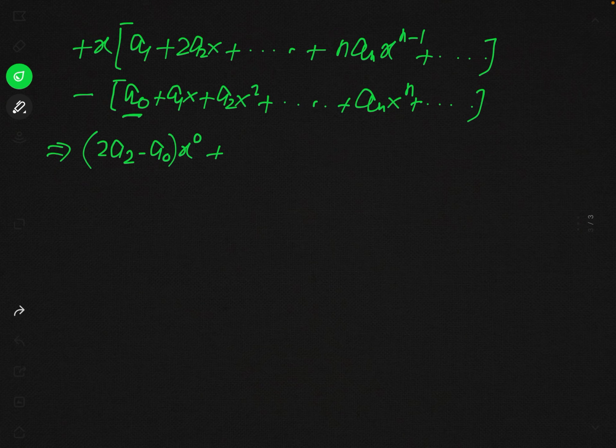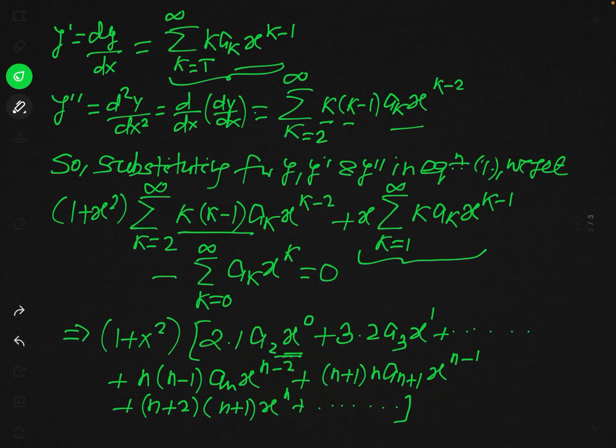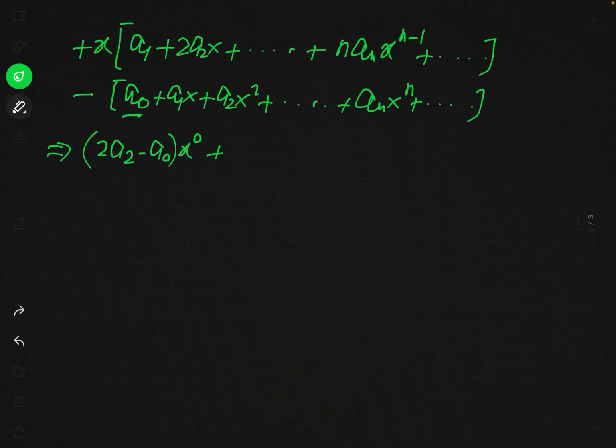Now we will see the coefficients of x to the power 1. Here the coefficient of x to the power 1 is 6a3, and in the second series it is a1, and in the third series it is also a1.